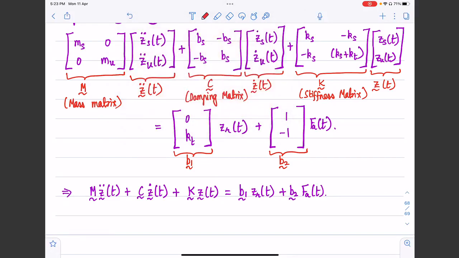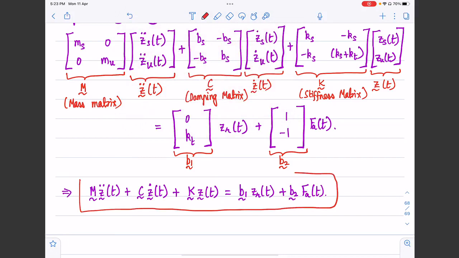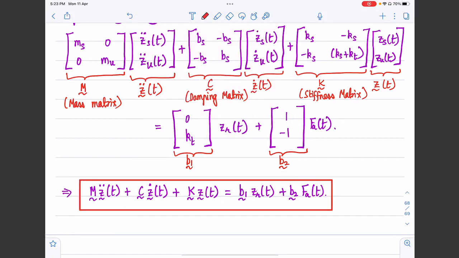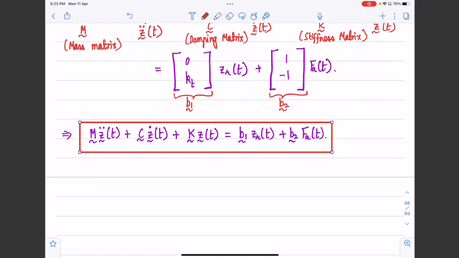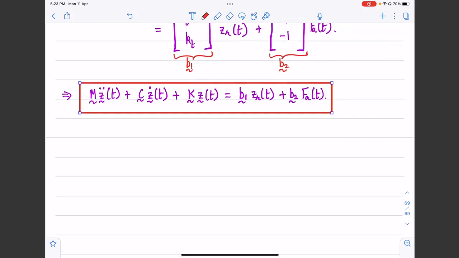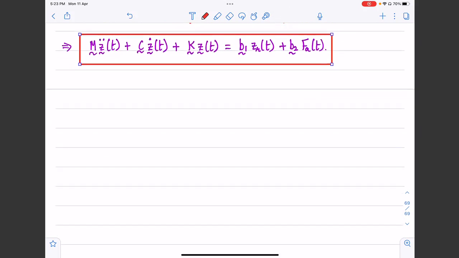So this is a generic form of such multi-degree of freedom systems. Of course, on the right hand side we have specific inputs here, but this is how the quarter car model can be represented as a second order linear vector ODE.